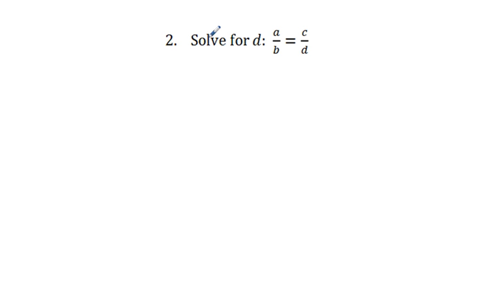All right, now in this one it says solve for d, and then it has what some students may recognize as a proportion. It has two fractions that are equal. Those students also may recognize that you can solve this by cross-multiplying and then solving. So when we do a times d, we get AD, and then b times c is BC.